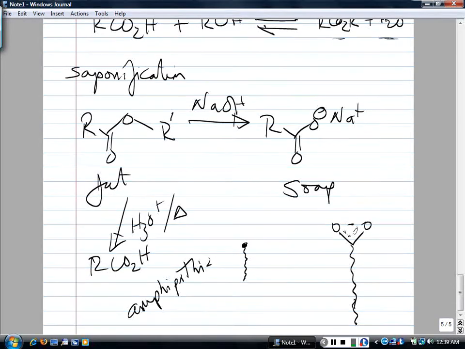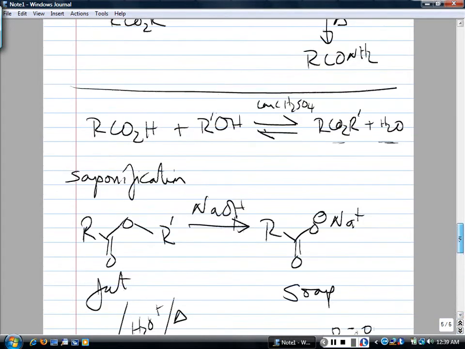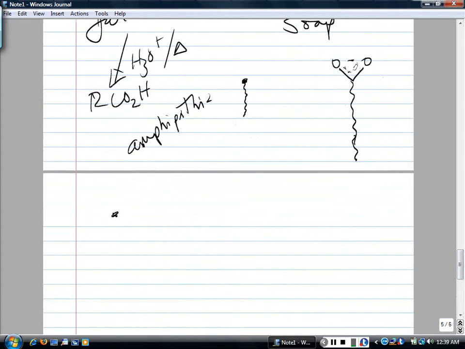Well, when I put soaps in water, what they do is they aggregate into what are called micelles. And micelles look like this. They would expose the polar head group to the aqueous film and hide the non-polar hydrocarbon tail on the inside of the globule. This is called a micelle.